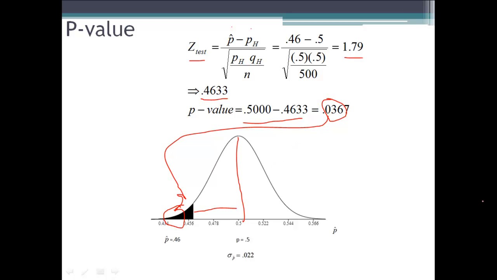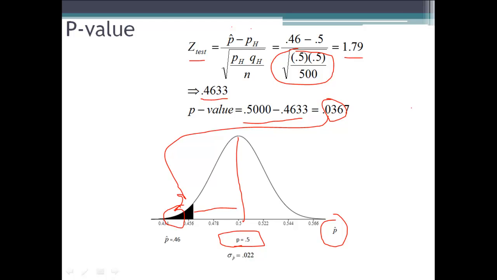So again, for the labeling, for the x-axis we have our sample statistic, in this case p hat. The center of the distribution is p equal to 0.5, and then we have our standard error, which is just what we have in the denominator here.